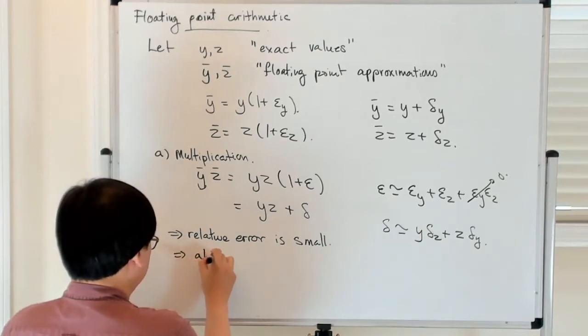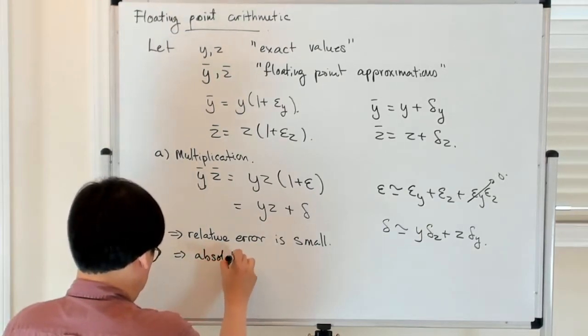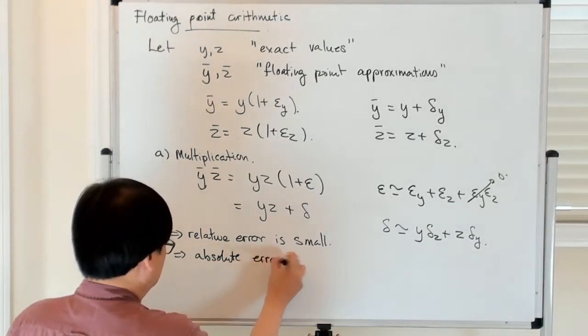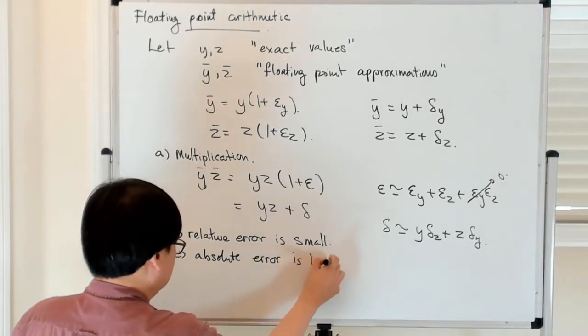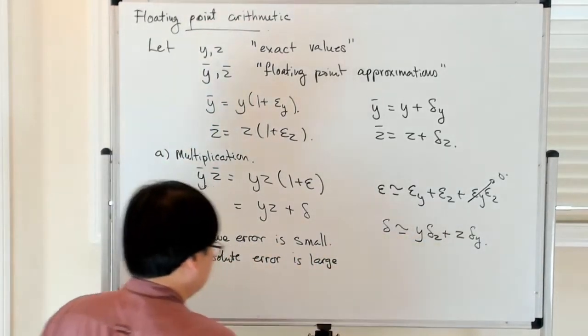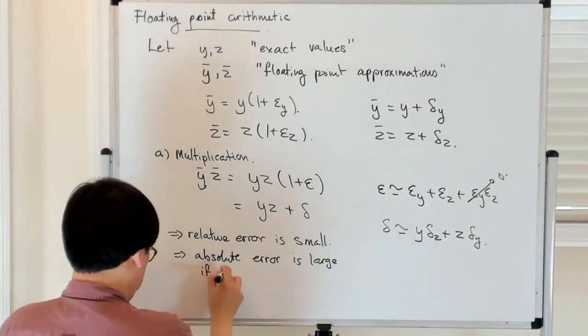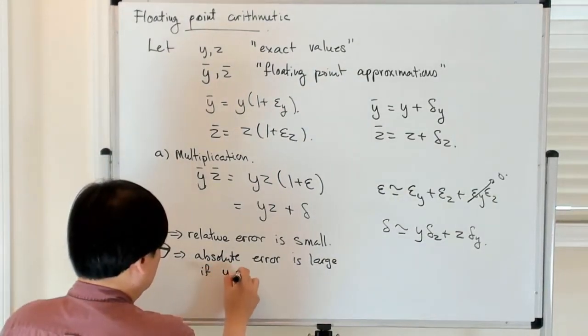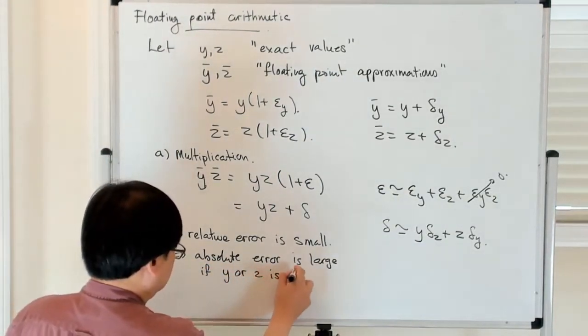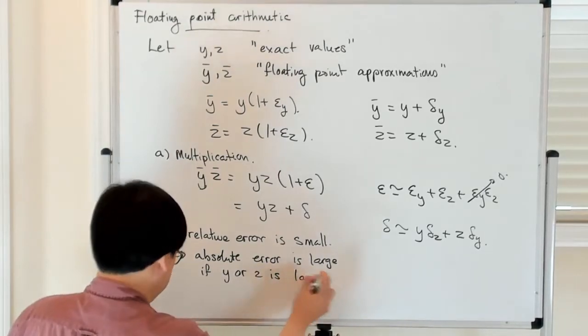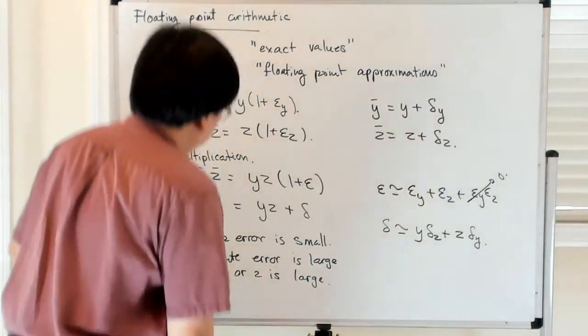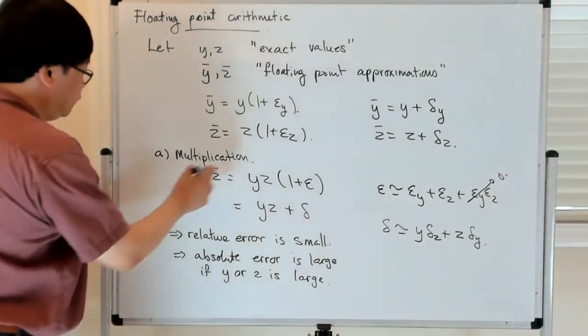But the absolute error is large if either y or z is large. Okay, so that's the case for multiplication.